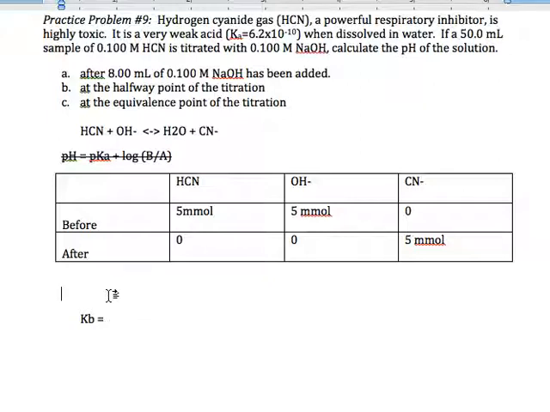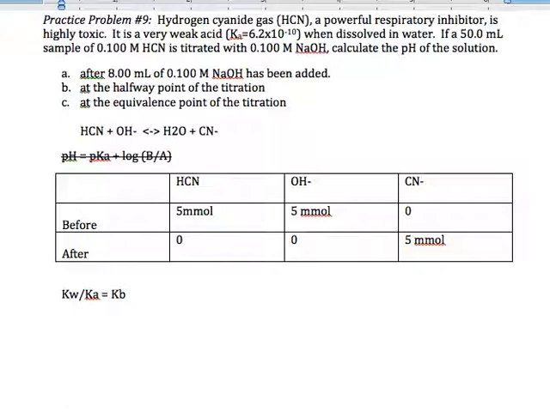So the Kb, that's another thing too, isn't it? We have to find the Kb. They gave us the Ka of its partner, but did not give me the Kb. So let's start with that one. To find the Kb, we take Kw divided by Ka to get the Kb. All right, so that's our first calculation real quick.